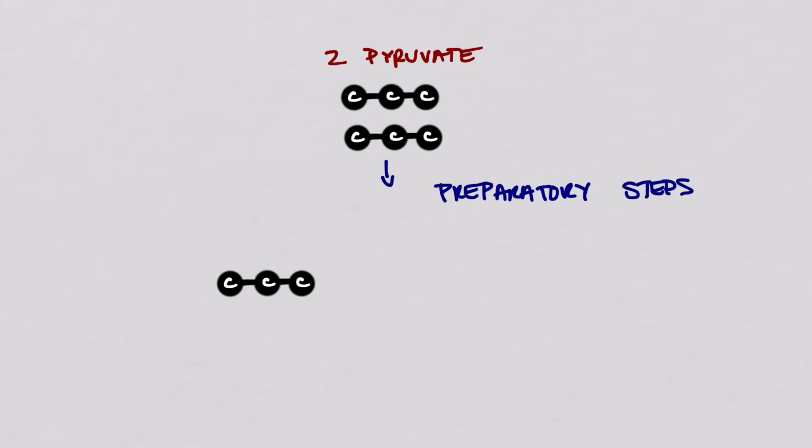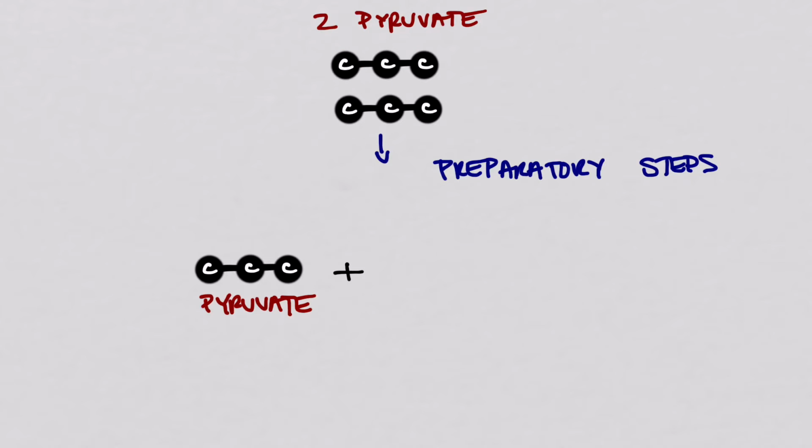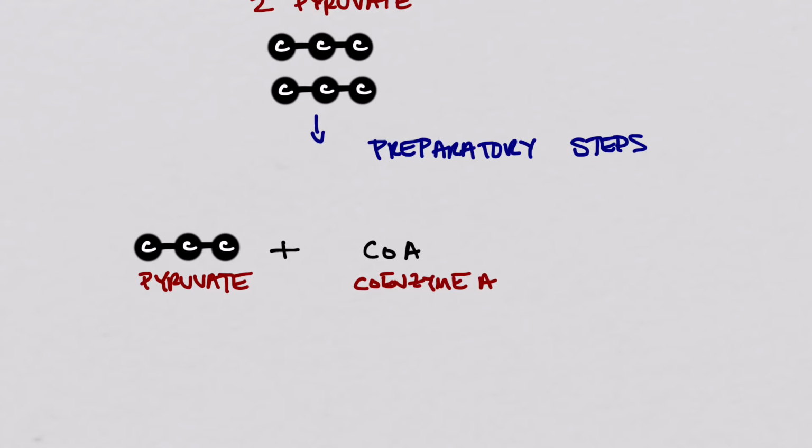So 1 pyruvate molecule plus something called coenzyme A. And a coenzyme does exactly what it sounds like. It works alongside an enzyme to let a reaction take place. So coenzyme A is going to let this pyruvate molecule undergo a reaction.